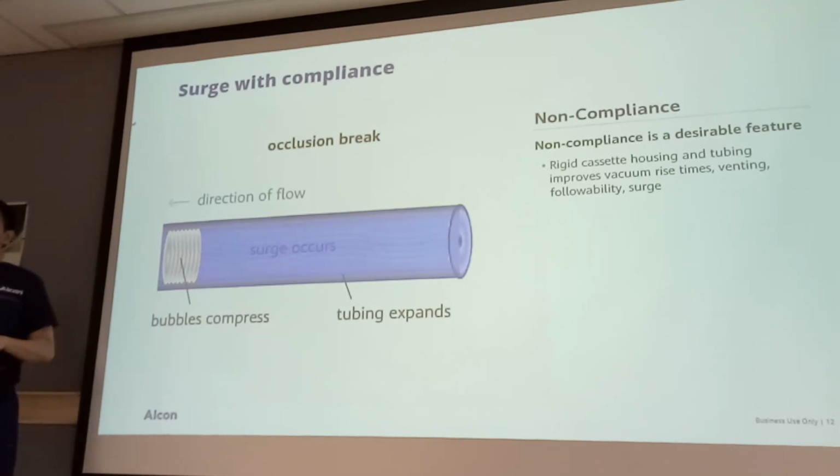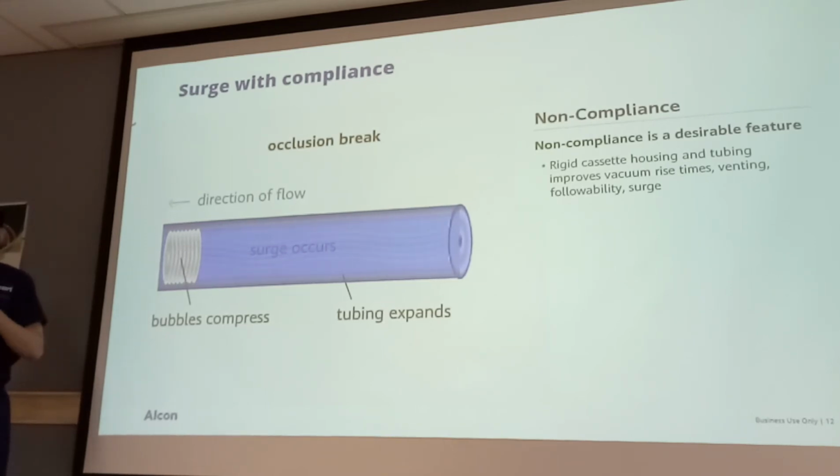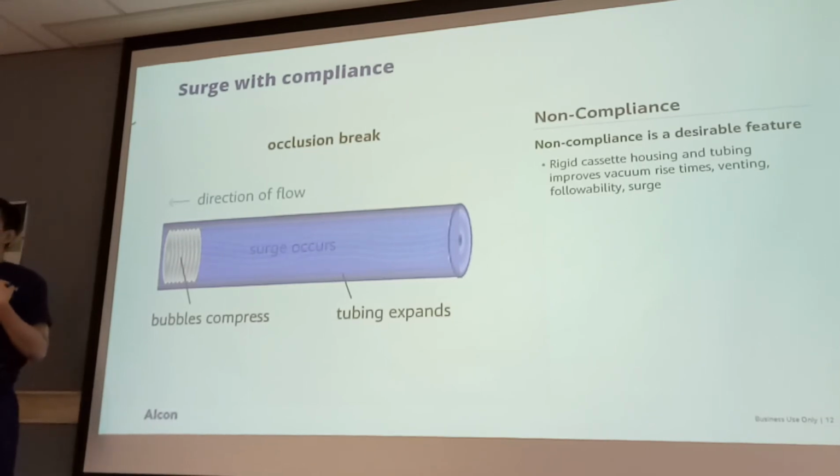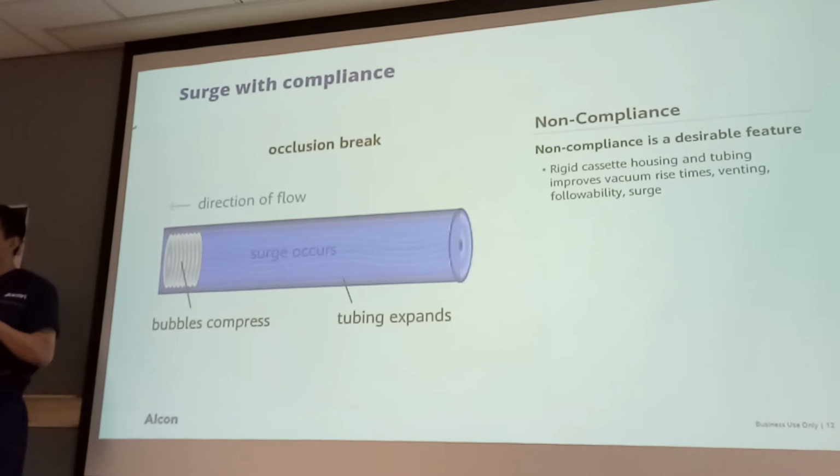So when we're choosing the tubing, please choose the harder one, because as we understand, the harder one sets up the vacuum faster and has less surge. Okay, so when we go back to the wet lab, we can check the aspiration line is more rigid, more hard.